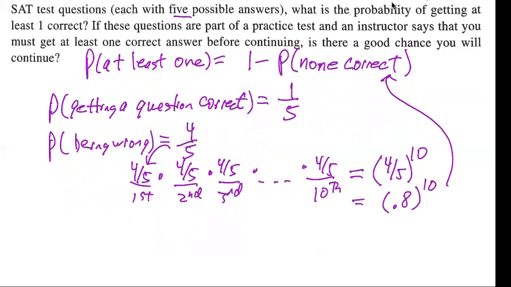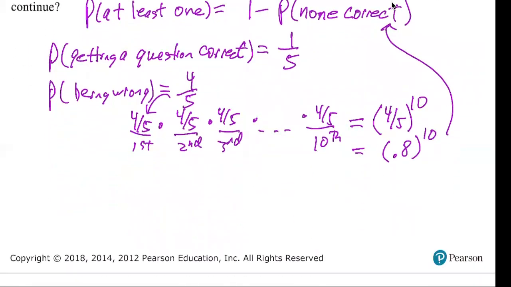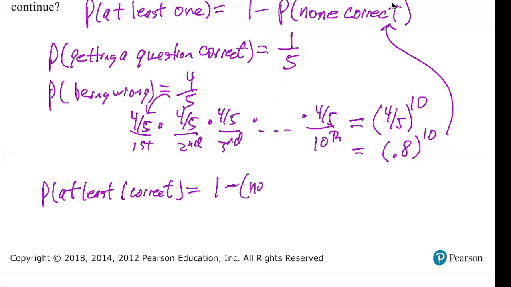So it becomes a calculator problem now. 1 subtract, let me write what we're doing. Probability of at least one correct is now equal to 1 minus none correct, is 1 subtract this 0.8 raised to the 10th.